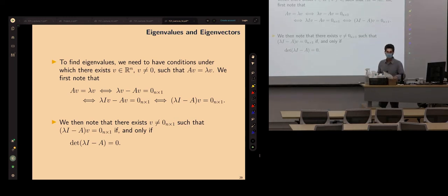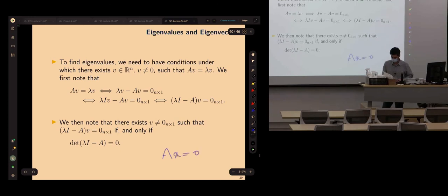That means there should be some non-trivial solution. Remember, A times x equals 0. The obvious solution, the trivial solution, was x equals 0.